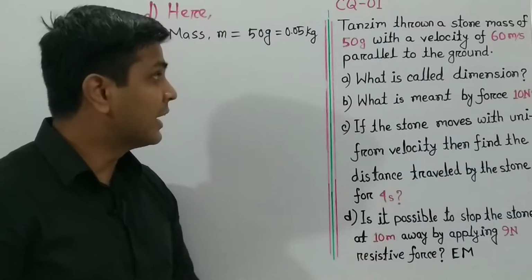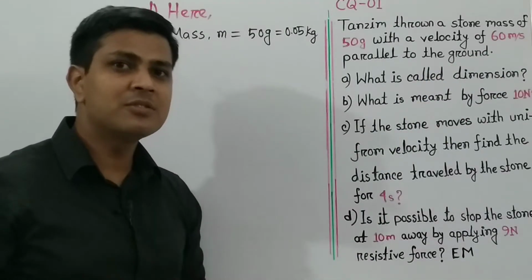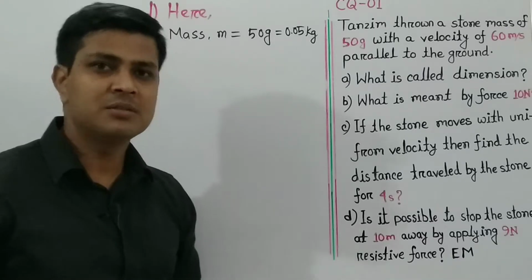That means the initial velocity will be 60 meter per second and the final velocity of the stone will be 0.